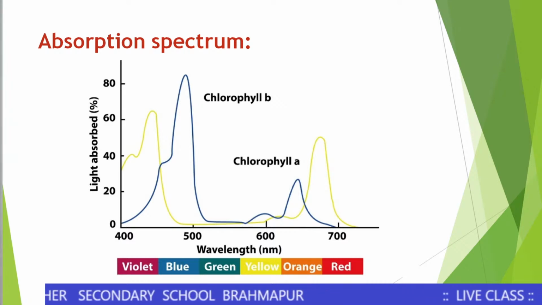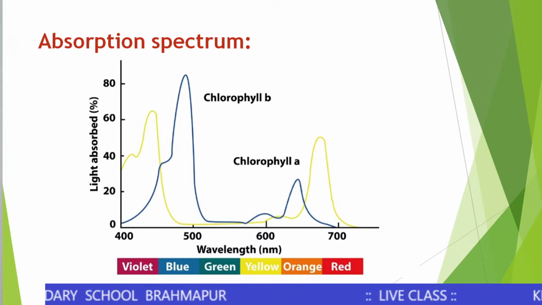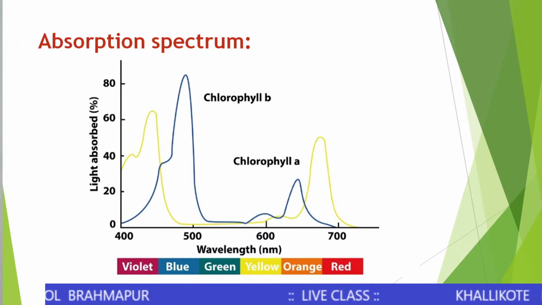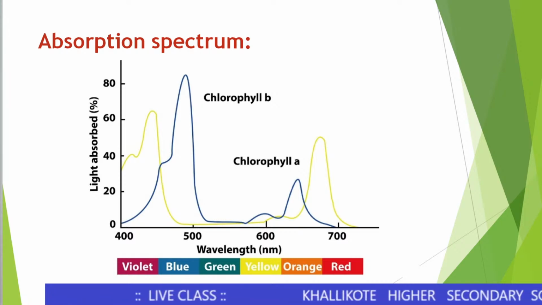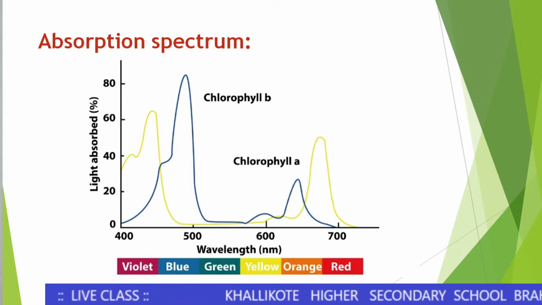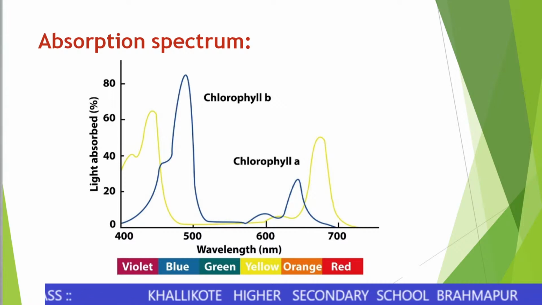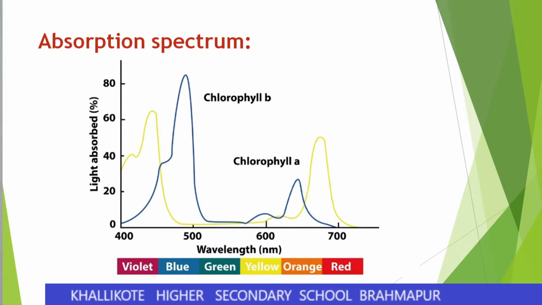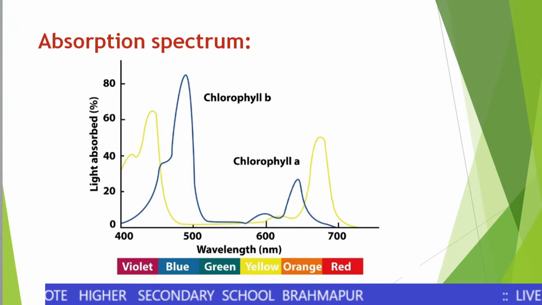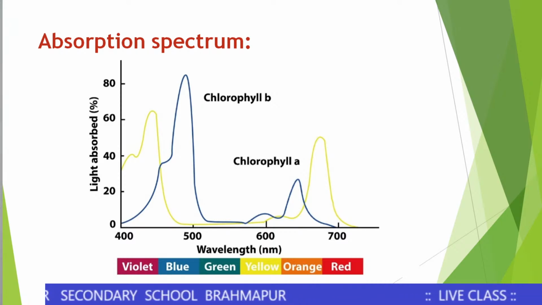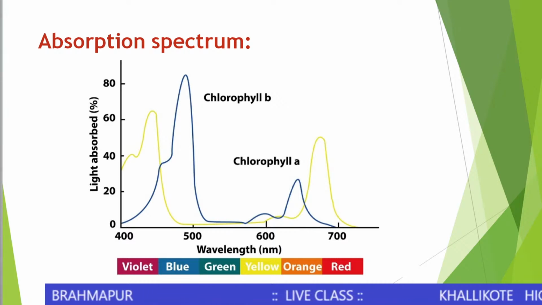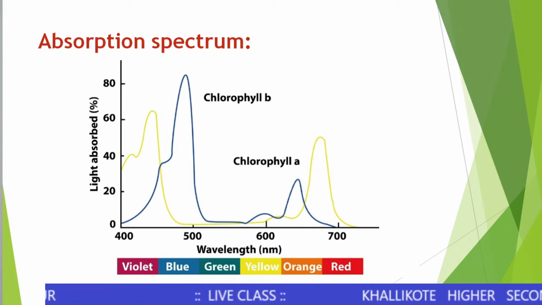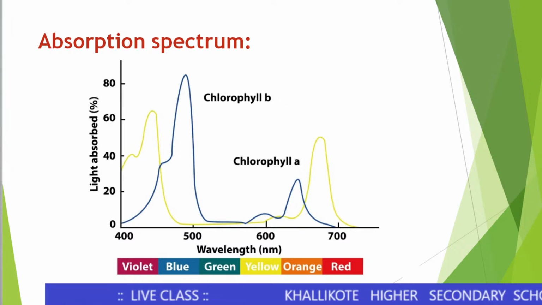The first peak is formed between 400 to 500 nanometers, and the second peak is formed between 600 to 700 nanometers. This indicates that the absorbance of light between 400 to 500 nanometers and from 600 to 700 nanometers is the highest for both chlorophyll A as well as chlorophyll B.